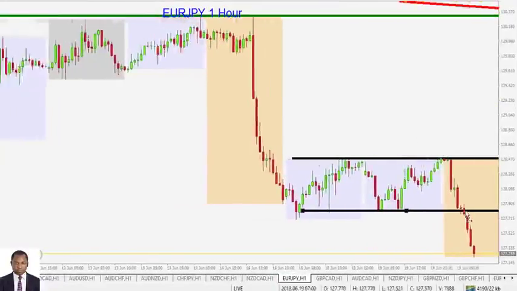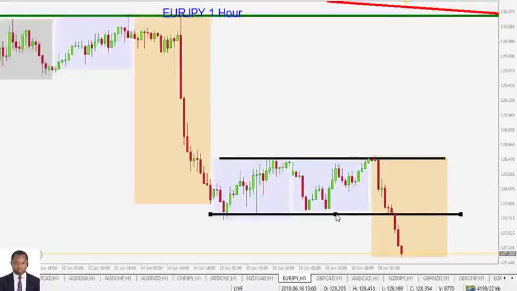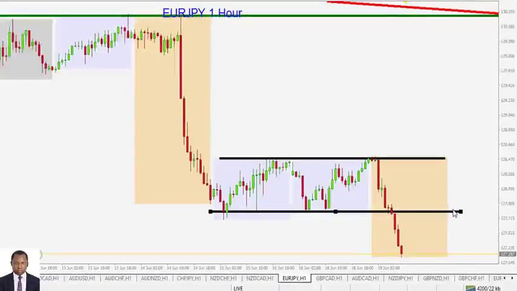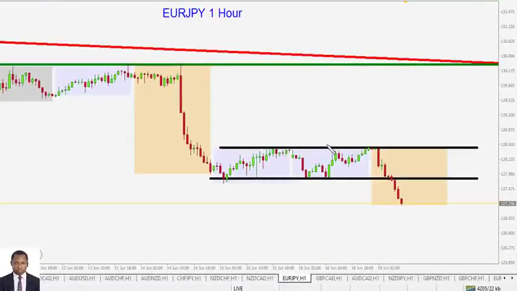Alright, nice one here. Euro against the Japanese yen. Very nice one here for today. This is a nice range.